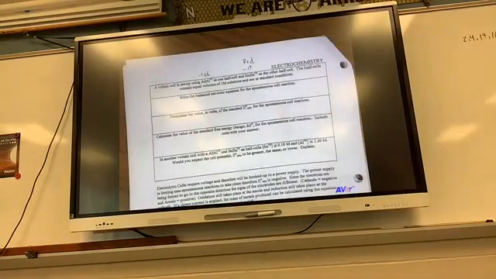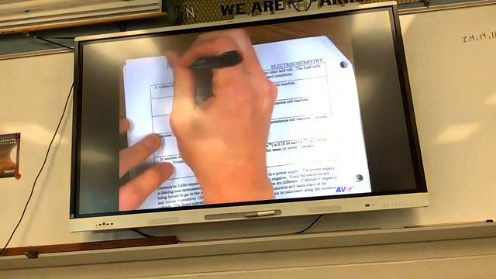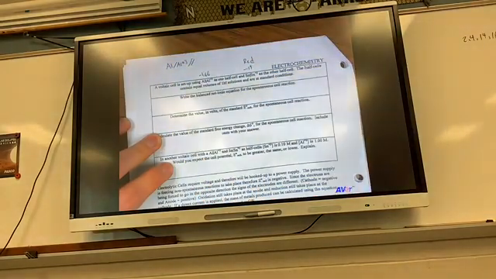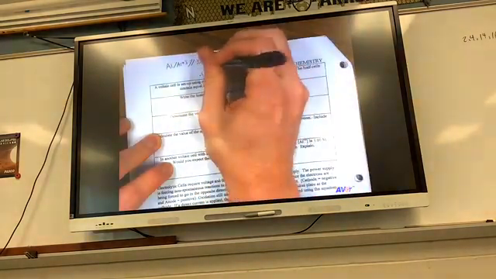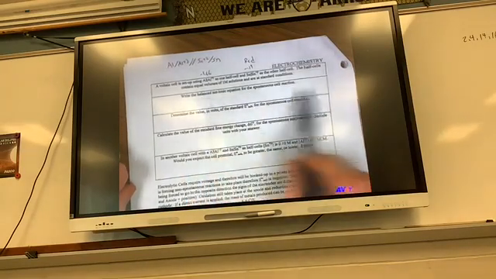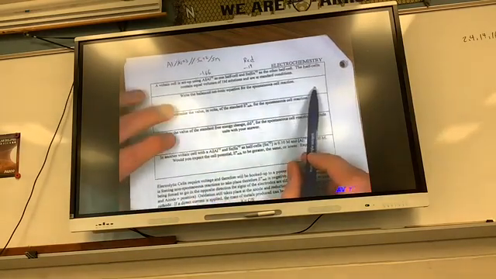If I was going to write a short form for this right now, it would be Al3+ slash slash Sn2+ slash Sn. Once you know what's being reduced, the thing that's being reduced is always on the right. Write the balanced net ionic equation for the spontaneous cell reaction.